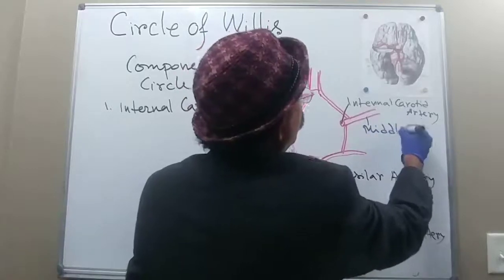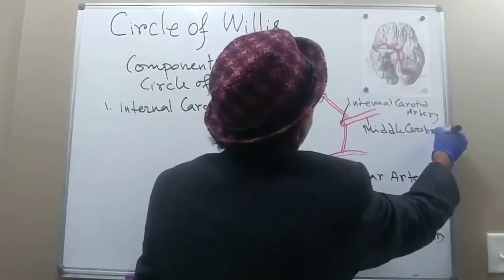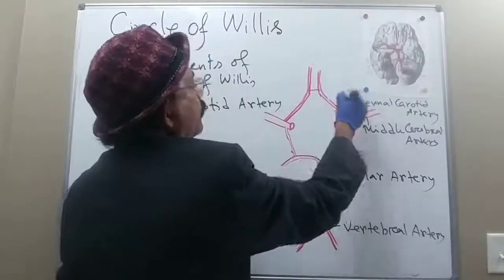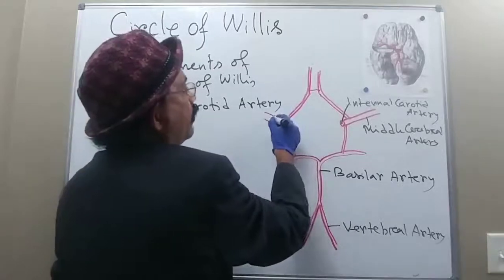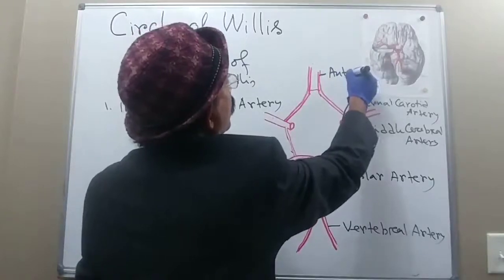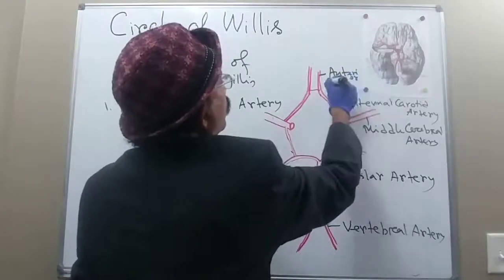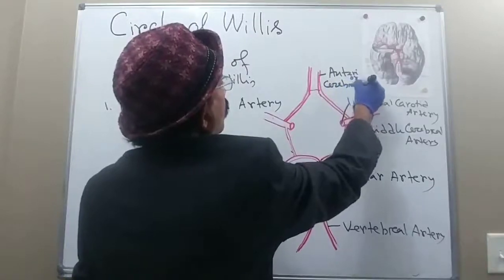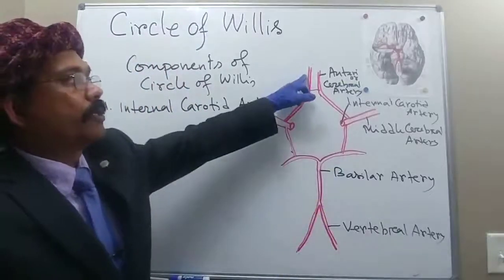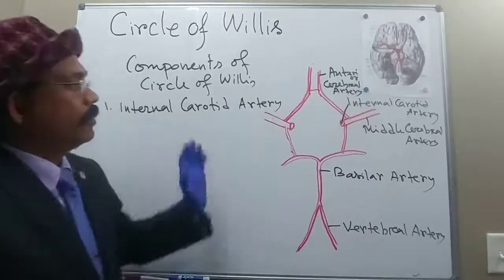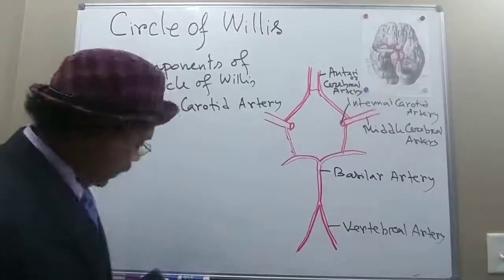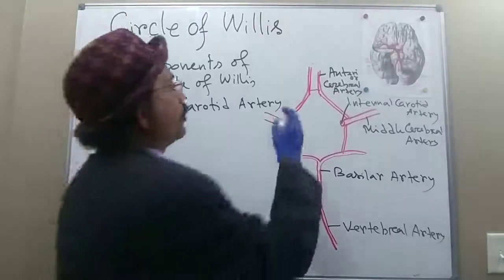This is the middle cerebral artery, and this is another middle cerebral artery. This one is the anterior cerebral artery, and we have another anterior cerebral artery here.